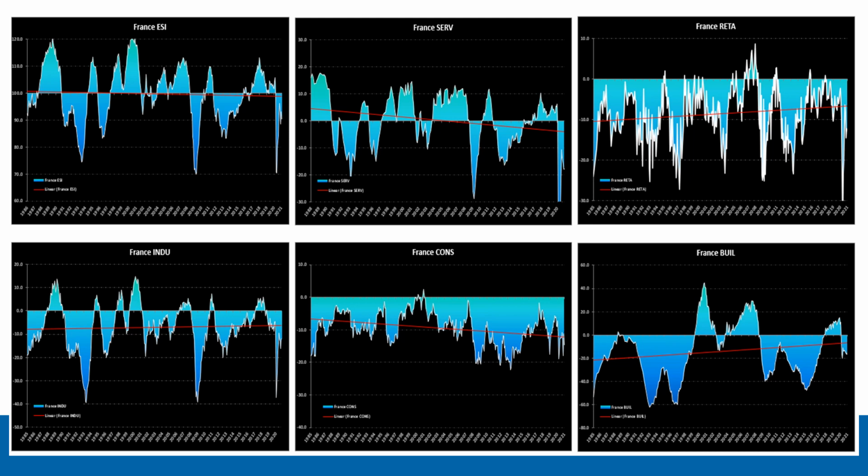Again, what's going to get the heartbeat of the patient actually beating again? Well, it took a hell of a lot just to get positive sentiment in the French manufacturing sector post the financial crisis, and then it didn't last long.